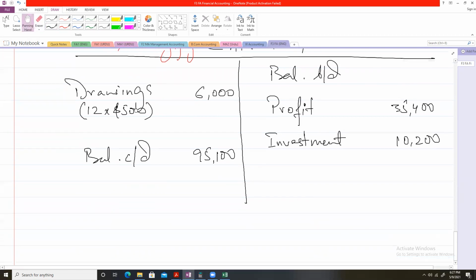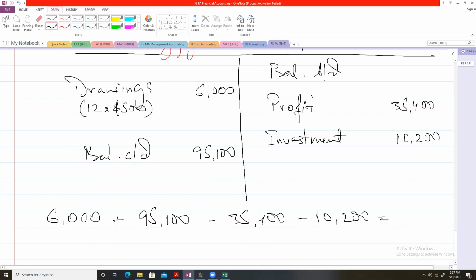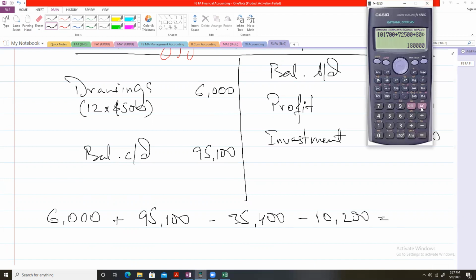So simply we will take the total of the debit side, that is 6,000 as our drawing, and the closing balance is how much? 95,100, and we will deduct 35,400 and 10,200 from these two to get the opening balance. 6,000 plus 95,100 minus 35,400 minus 10,200.